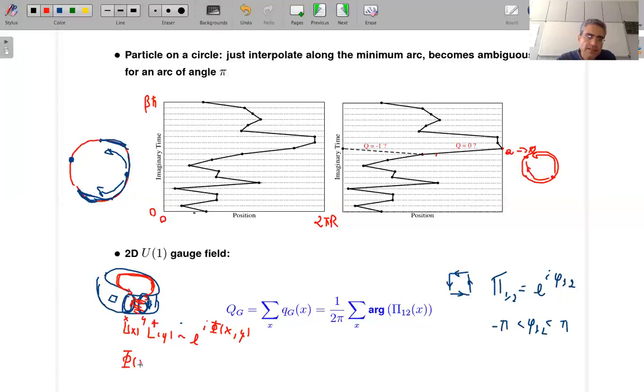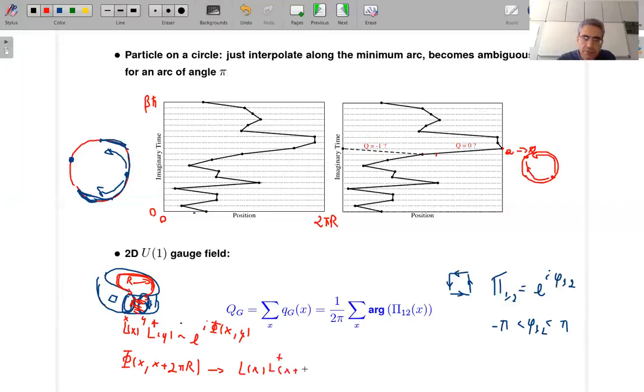Now, if you consider the flux from x to x plus, let me say, 2 pi r, where r is the radius of the circle, one of the radii of the torus, then it means that you are taking the logarithm of something related to L x times L dagger x plus 2 pi r.